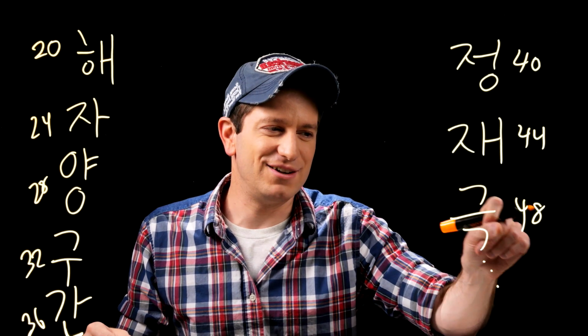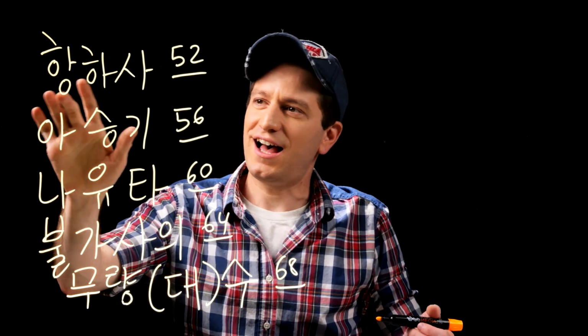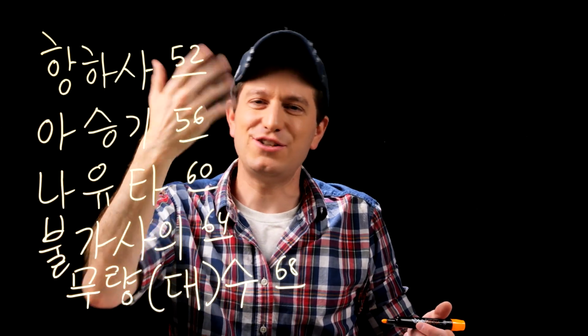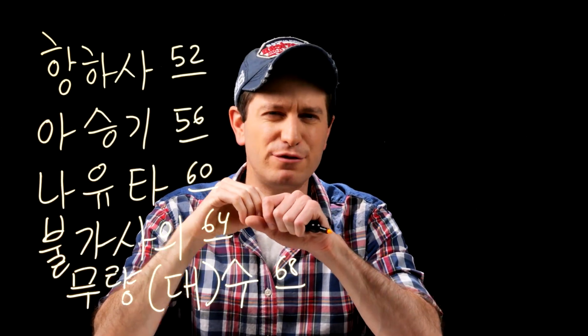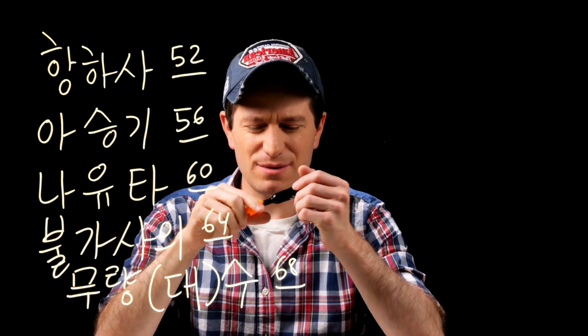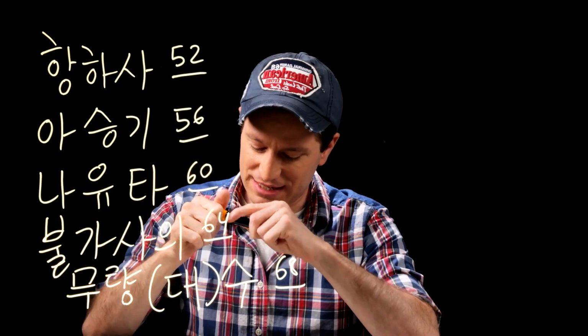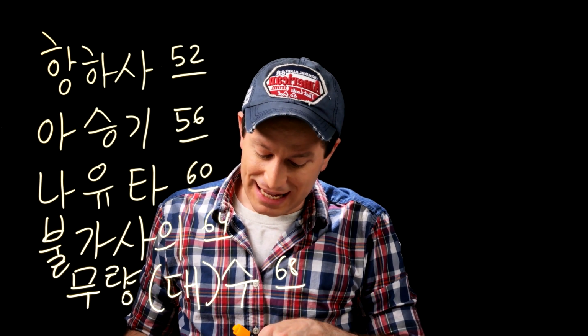But we're not done. There are much higher numbers than this. First is 항하사, which is 52 zeros. This is actually from a metaphor in Sanskrit, I believe. It's from Buddhism, and it means sand of the Ganges River. So a really big number.